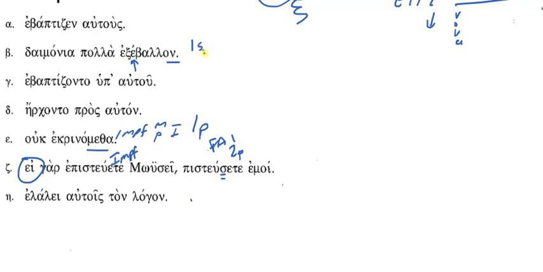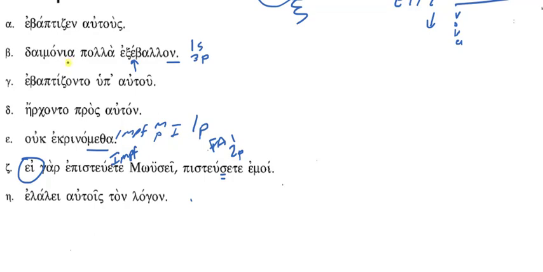First singular or third plural. Okay, good. Now look at daimonia and polla. What does that mean? Much or many. Daimonia? Okay, is this one or many demons?